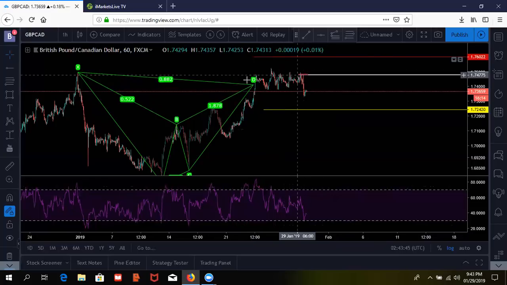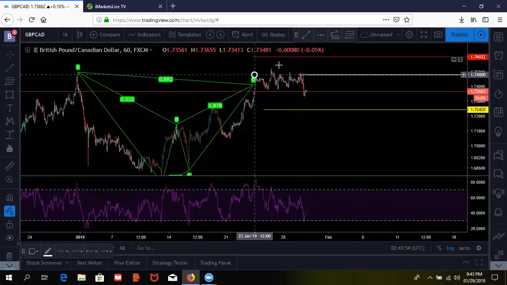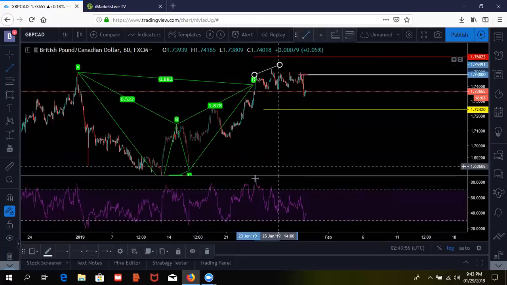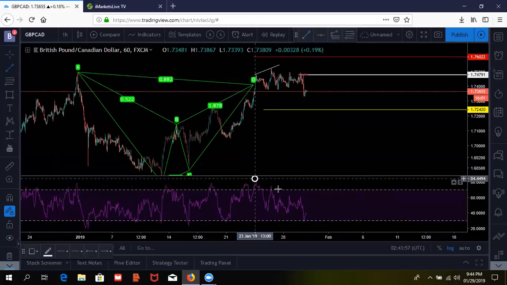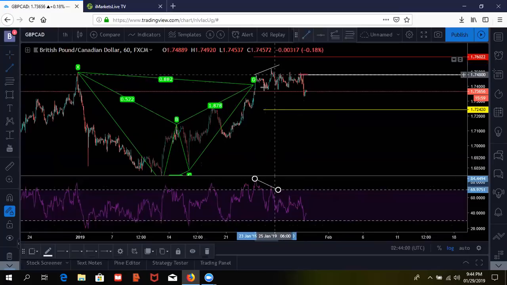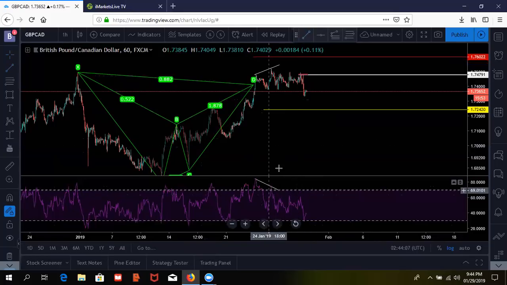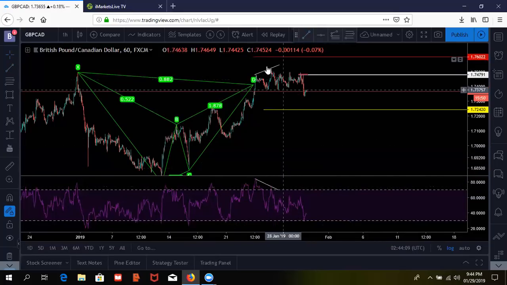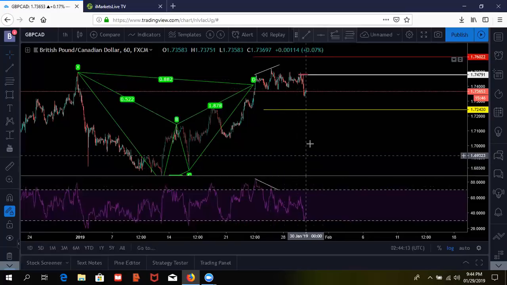Yeah, right here you got some divergence. You got price going up, RSI going down. It created a little bit of divergence right there. So if I see divergence, I definitely factor that into my trade as well.